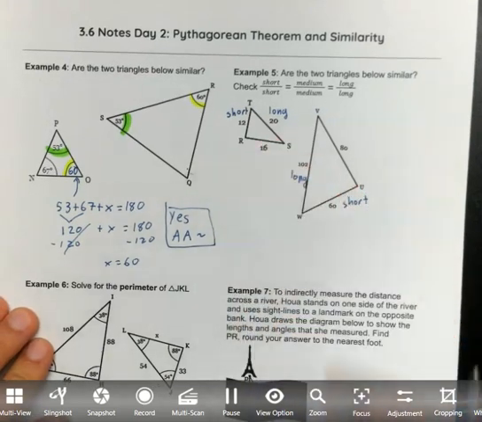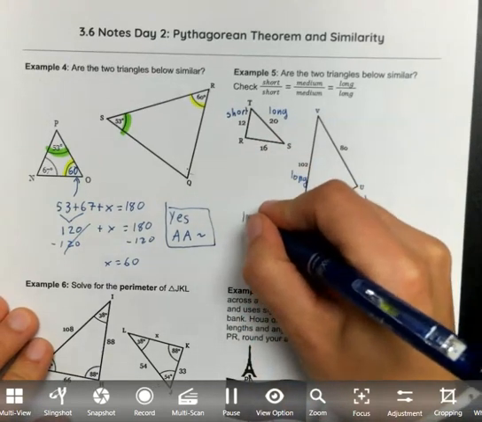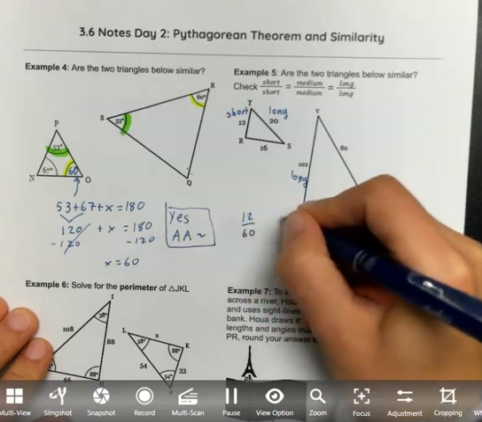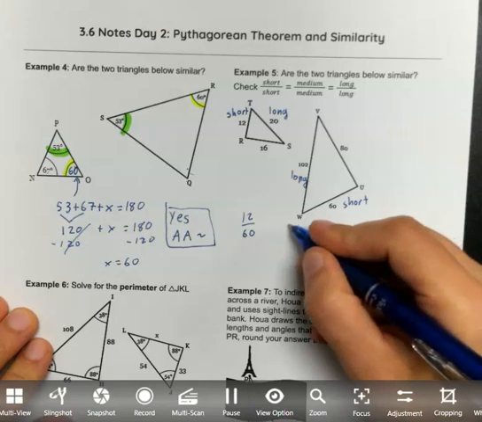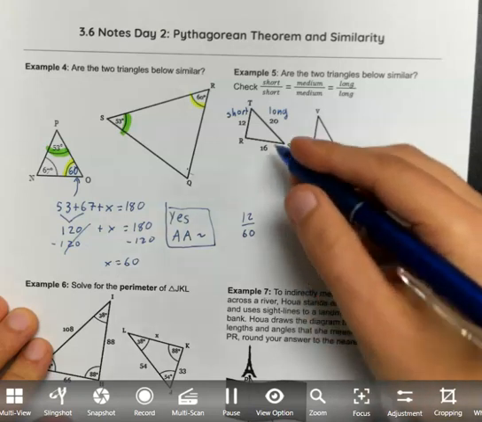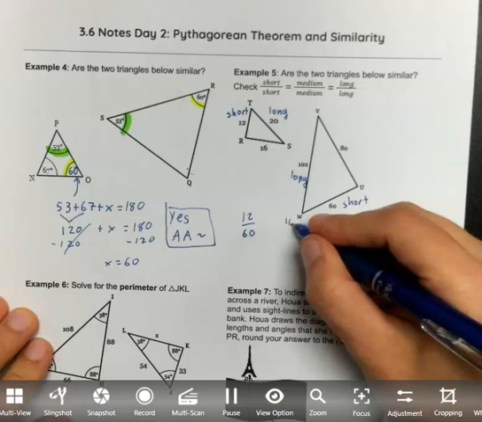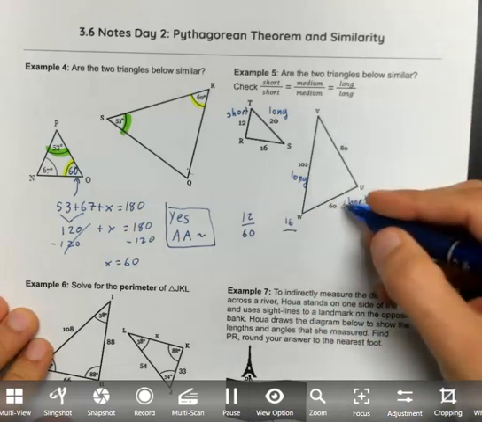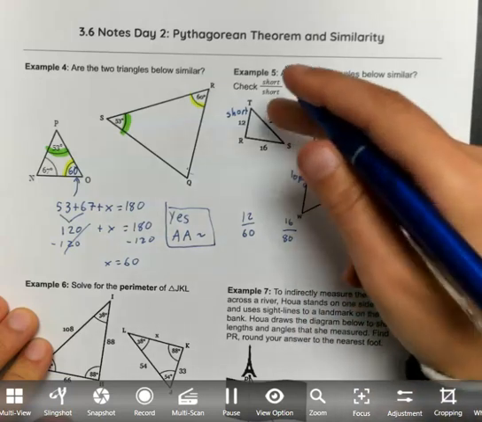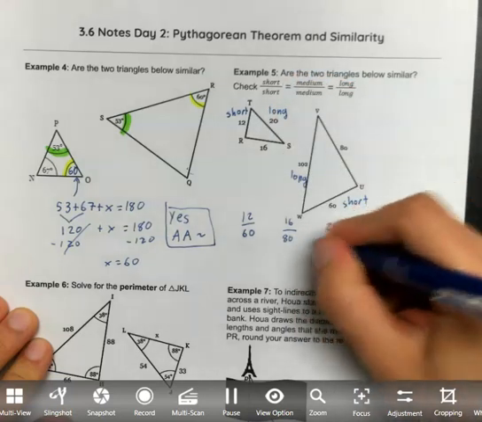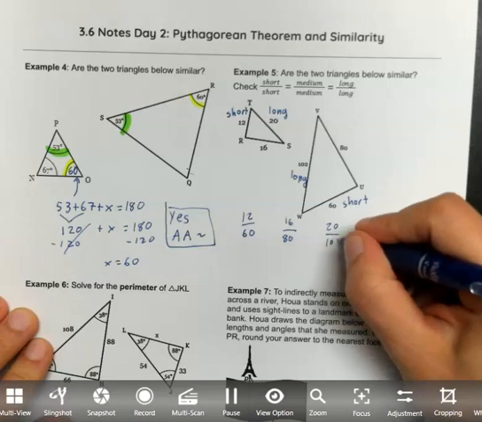All right, short divided by short. So 12 divided by 60. And then we're also going to check, we have to put that in our calculator to see what we get. Medium divided by medium. So 16 divided by 80. And our long, 20 divided by 102.